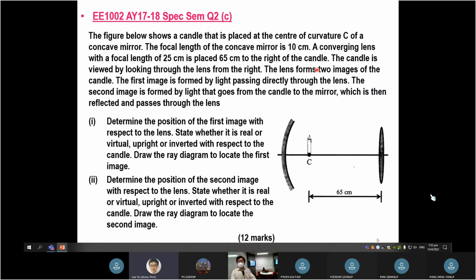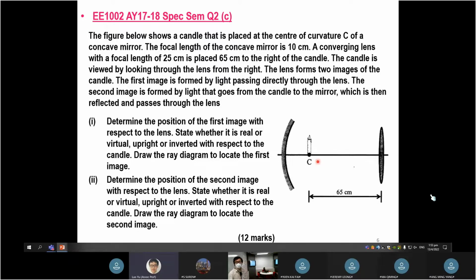Okay, now let's look at another one. In this figure below, we have a candle placed at the center of curvature C of this concave mirror. Center of curvature, what does that mean?